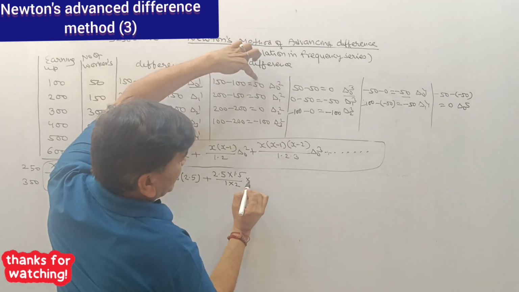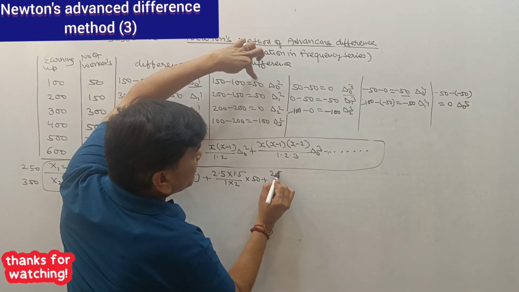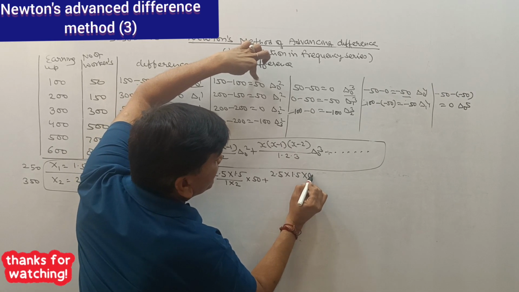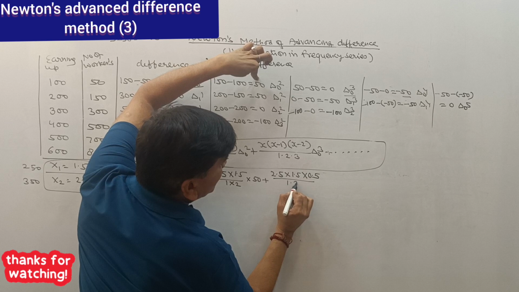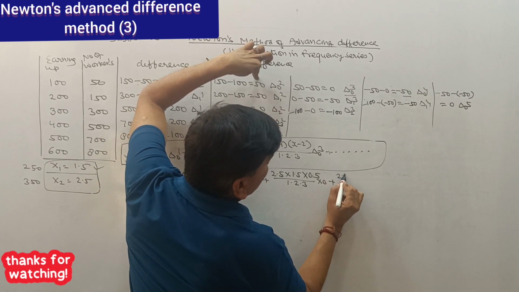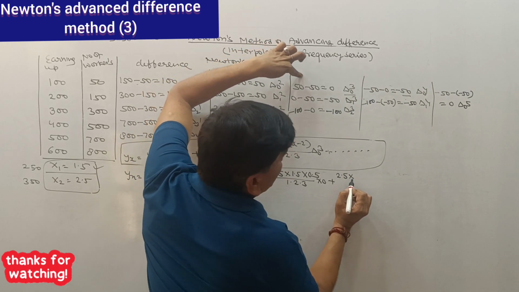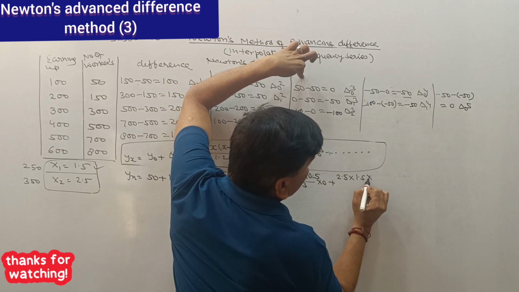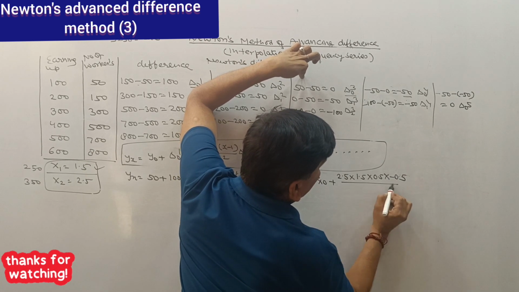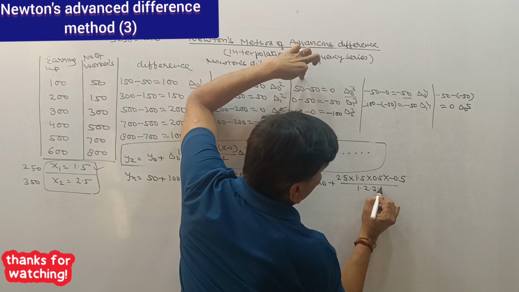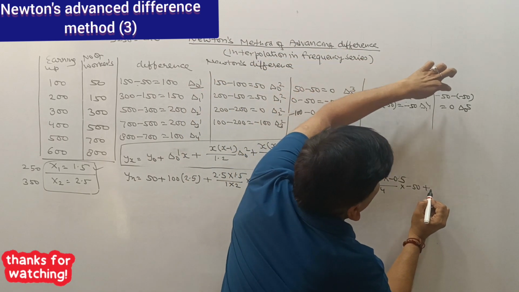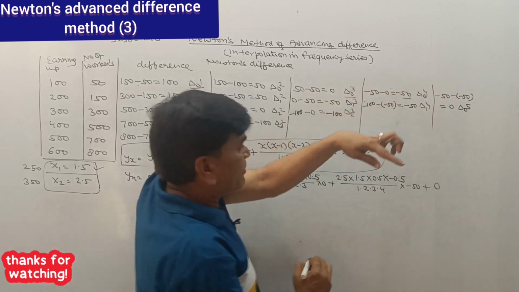Second difference is 50. 2.5 minus 1, that is 1.5, and 2.5 minus 2, that is 0.5, divided by 1 multiply 2 multiply 3 multiply by 0, plus 2.5 minus 1, that is 1.5, minus 2, that is 0.5, minus 3, that is minus 0.5, divided by 1 multiply 2 multiply 3 multiply 4 multiply minus 50, and the remaining 0 is over there, so it will convert to 0.